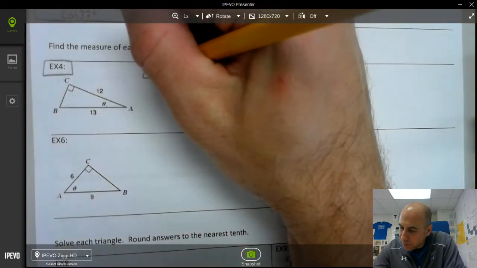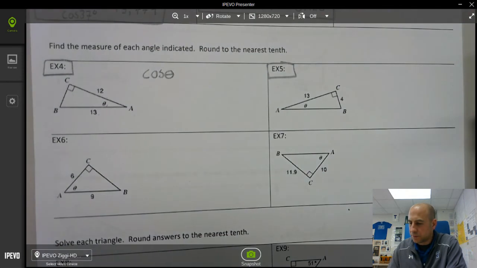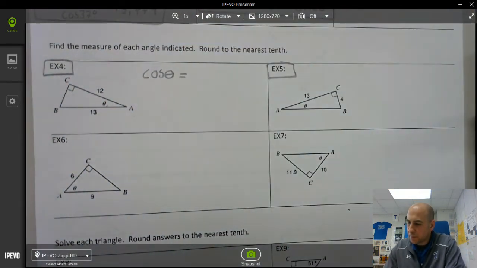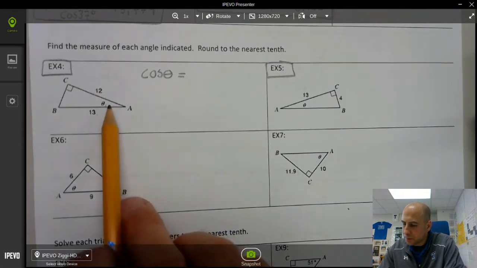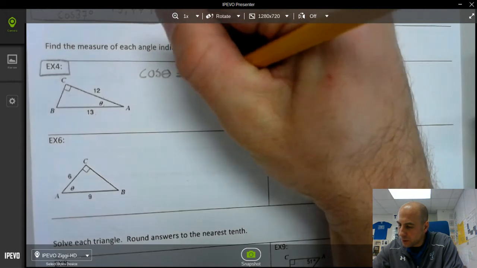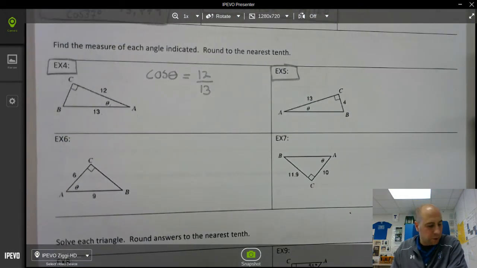So cosine of theta equals the adjacent, which is 12, divided by the hypotenuse, which is 13. Now we substitute into the trig ratio. Now step 3, solve for the angle using inverse ratios.